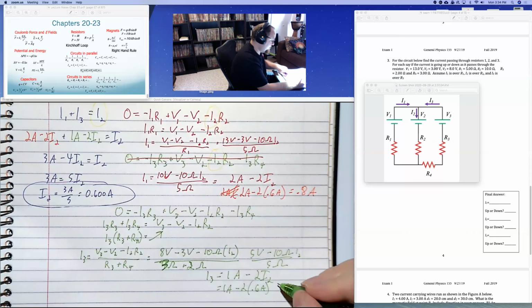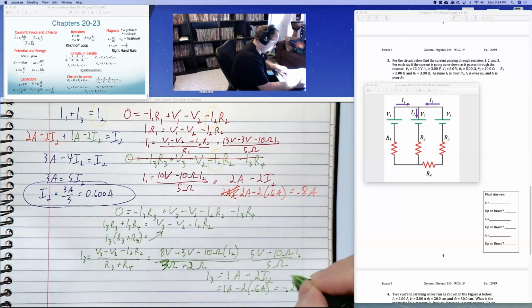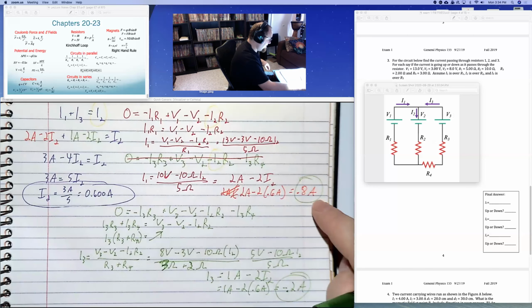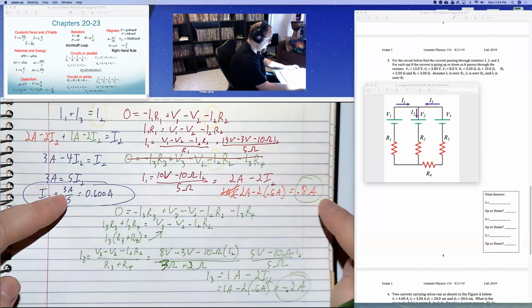So it's 1 minus 1.2, or negative 0.2 amps. And I got all 3 values. I1 is 0.8 amps, I2 is 0.6 amps, and I3 is negative 0.2 amps.